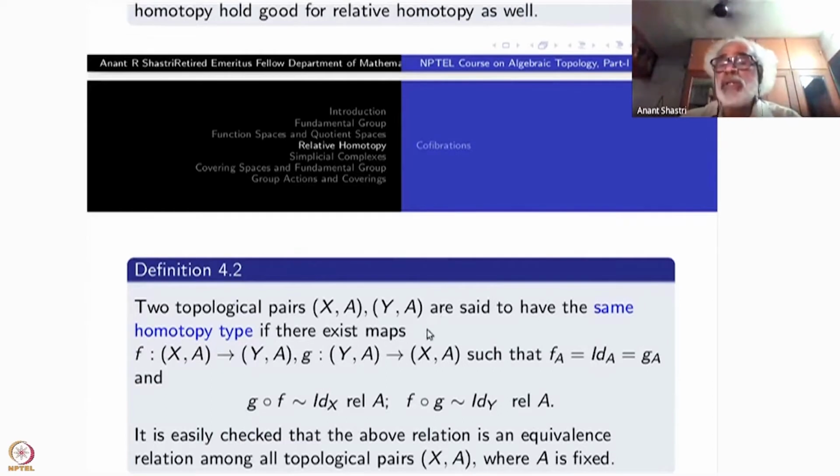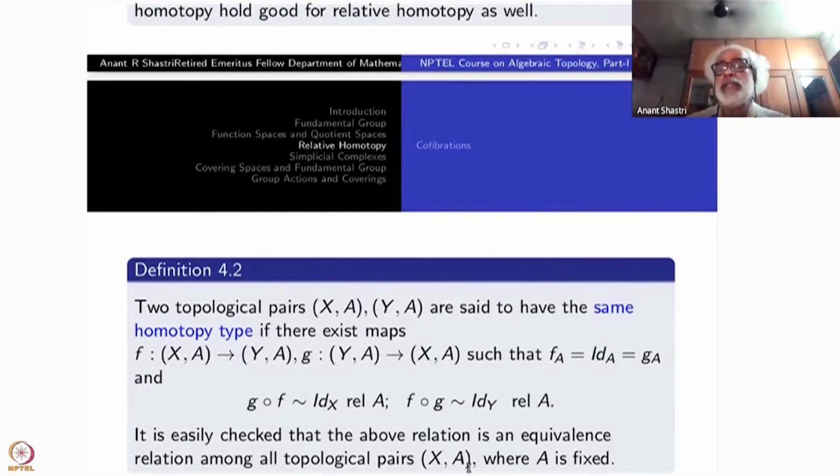That's why there is nothing wrong, but in the definition you could take A to be arbitrary B. For topological pairs, when they are equivalent and so on, you fix A and look at all topological spaces which contain A as a subspace.